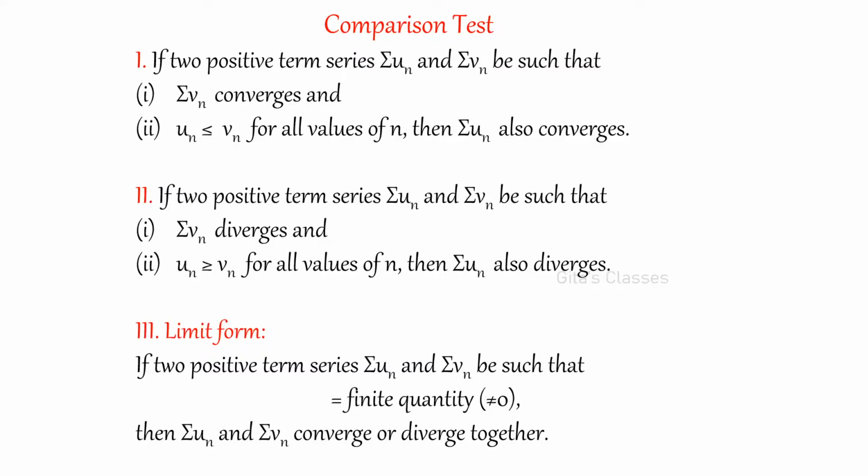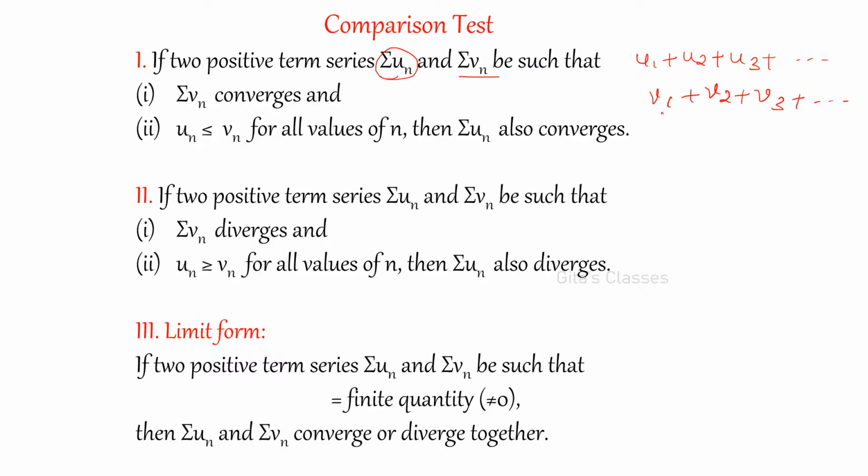In the comparison test, we have three forms. If there are two positive term series, sigma un and sigma vn, then sigma un means U1 plus U2 plus U3 and so on, and sigma vn means V1 plus V2 plus V3 and so on.